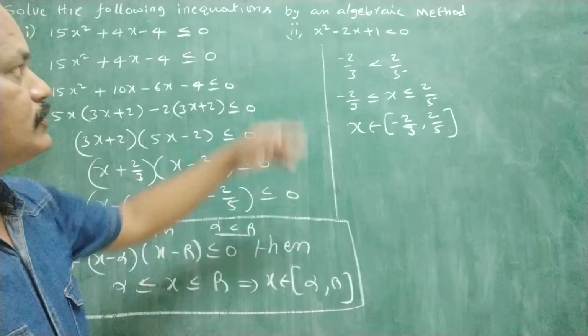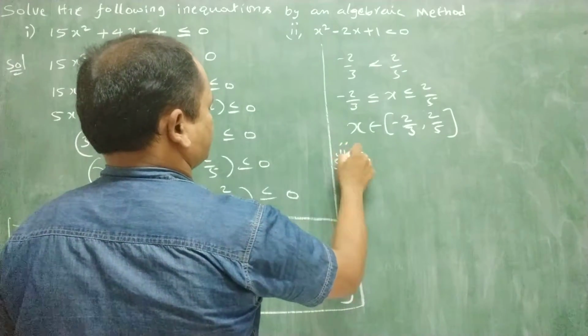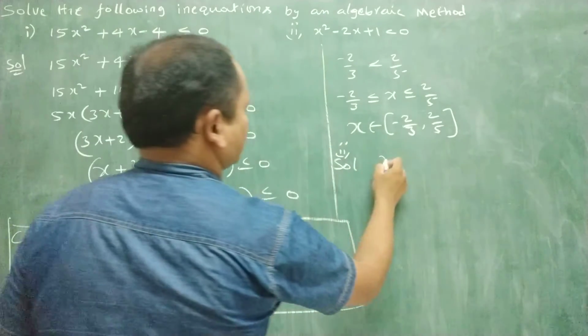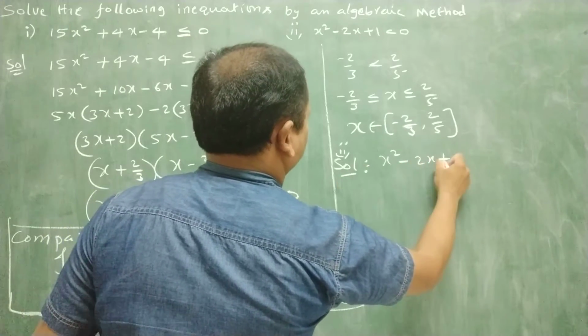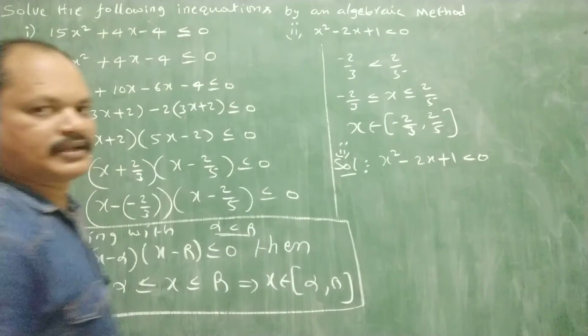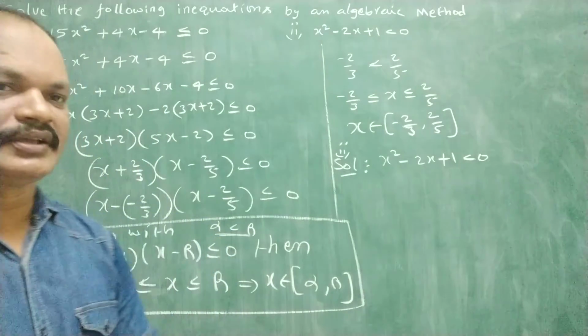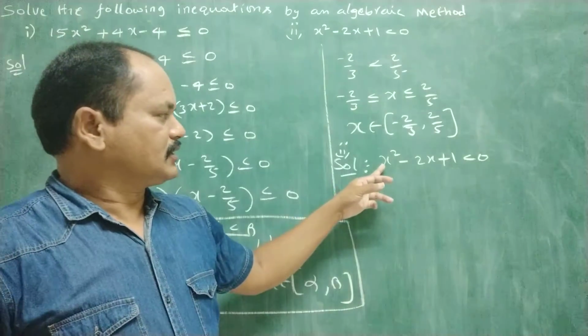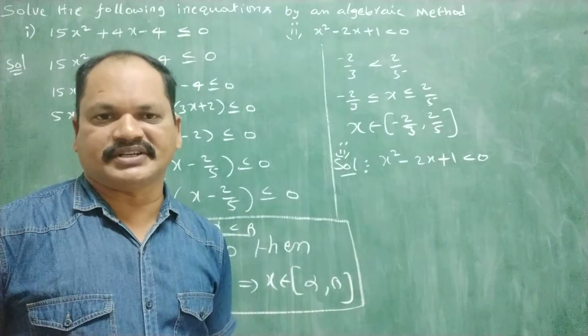Okay, now we are going to the solution for the second question. What is that? X square minus 2x plus 1 less than 0. Observe. So the expression is negative and the x square coefficient is positive.